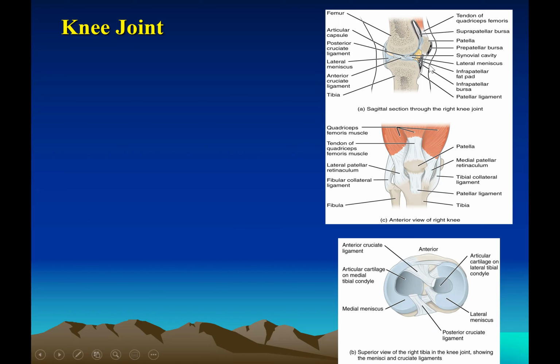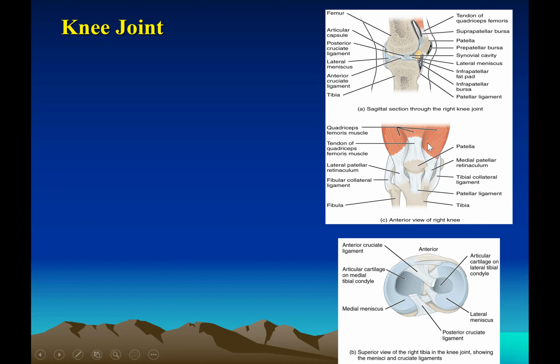There are four main ligaments: the anterior cruciate ligament, called ACL, the posterior cruciate ligament, and the lateral or fibular ligament and medial or tibial ligament.